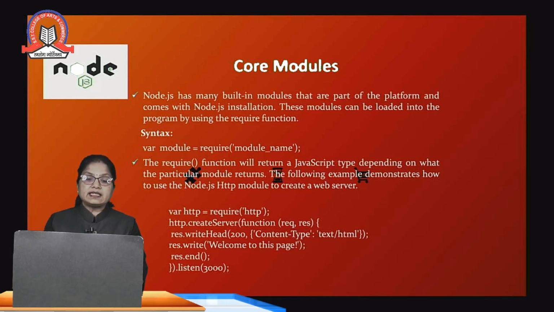The syntax is var, that is variable, module equal to require, and then within the brackets in single quotes we can write the module name. The require function will return a JavaScript type depending on what the particular module returns. The following example demonstrates how to use the Node.js HTTP module to create a web server.